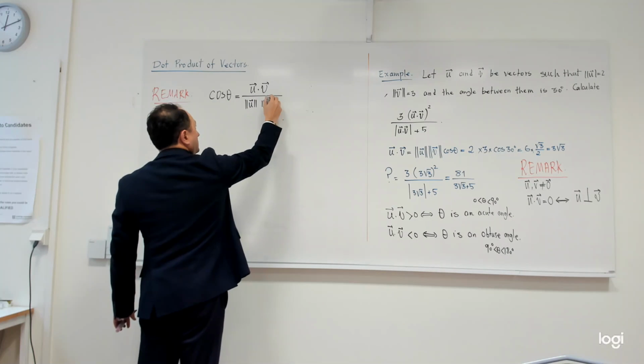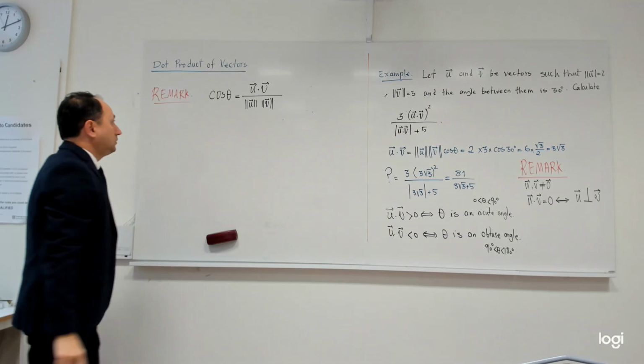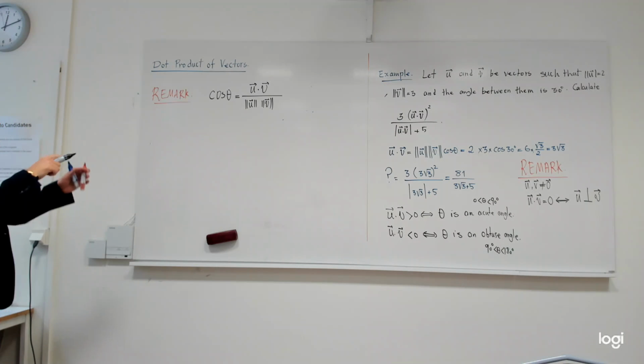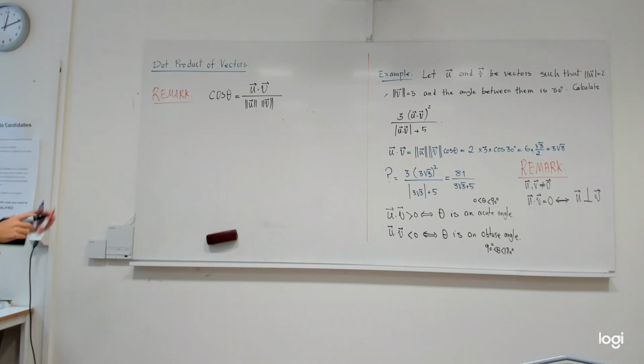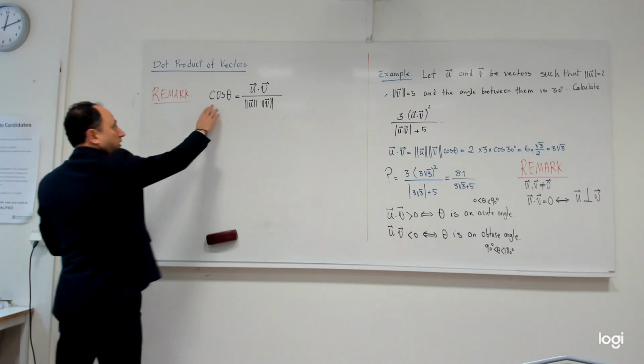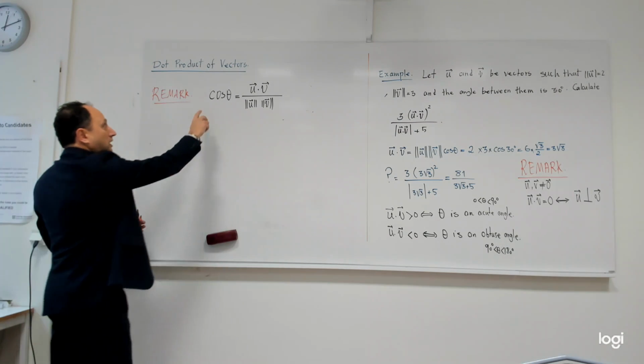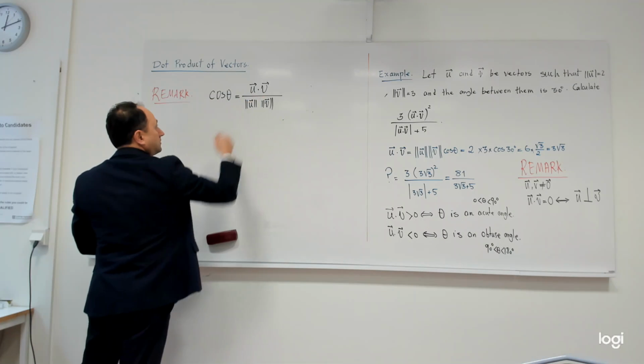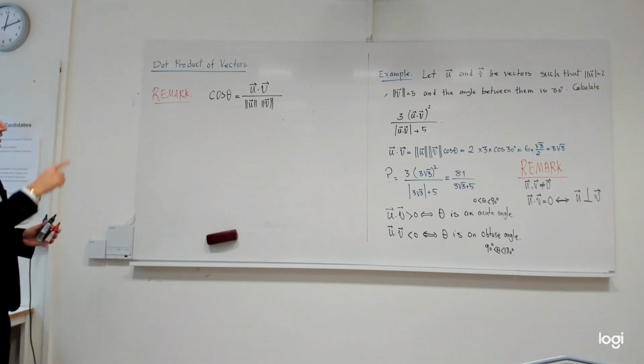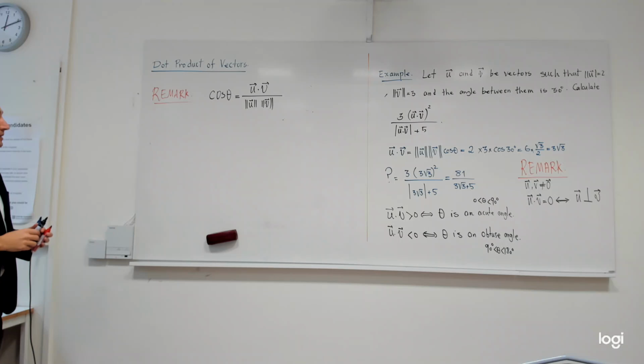That's the same formula, rewritten so that you can see cosine theta on the left-hand side. Hopefully you agree that's the same definition. If you multiply both sides by this, you get the original definition. I will come back to that later.